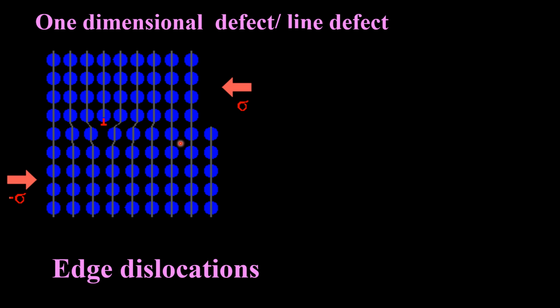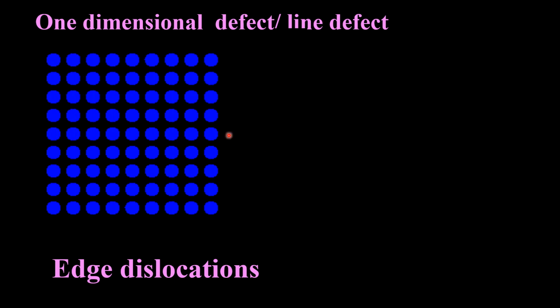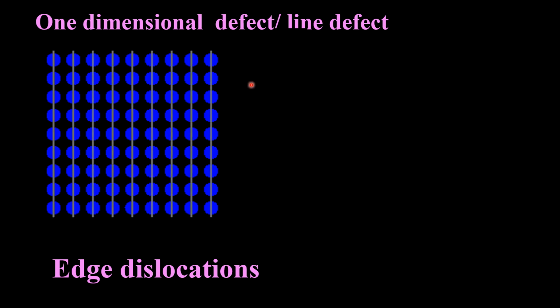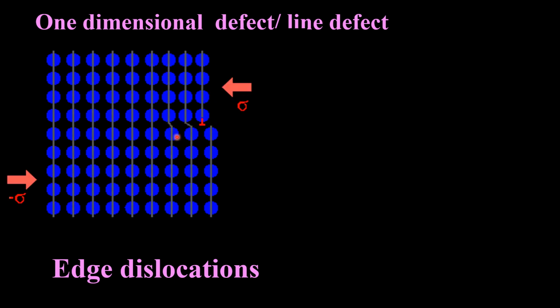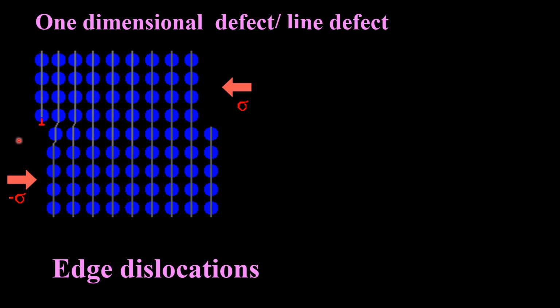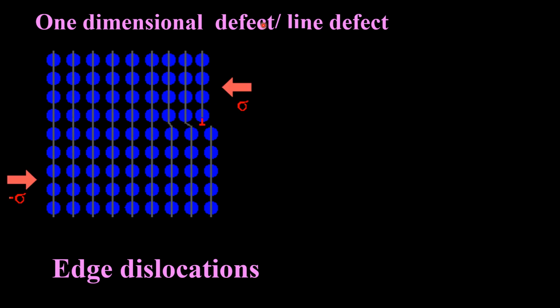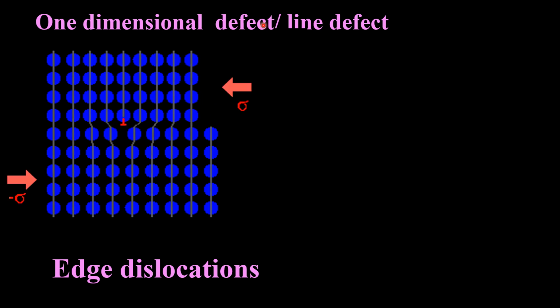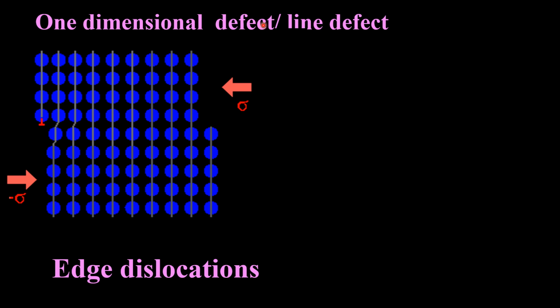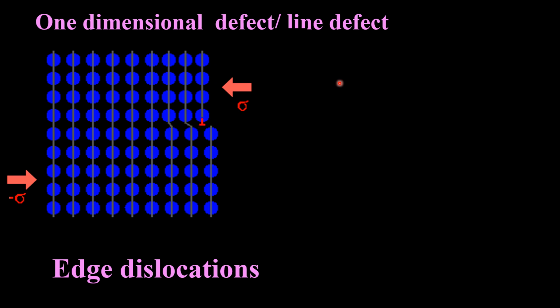You can see that this extra half plane of atoms starts from here when we apply stress, and it moves throughout the crystal, making and joining the bonds until it reaches here. This kind of defect is called an edge dislocation.